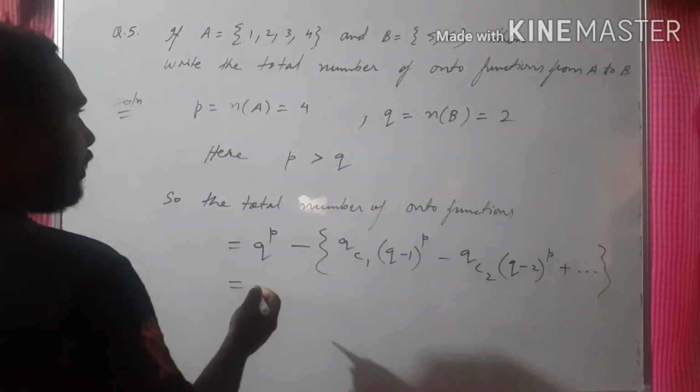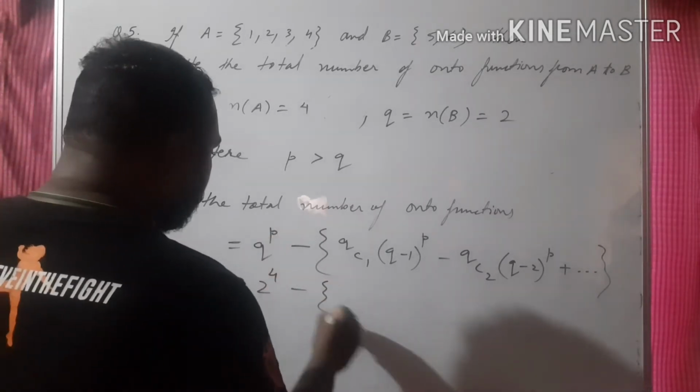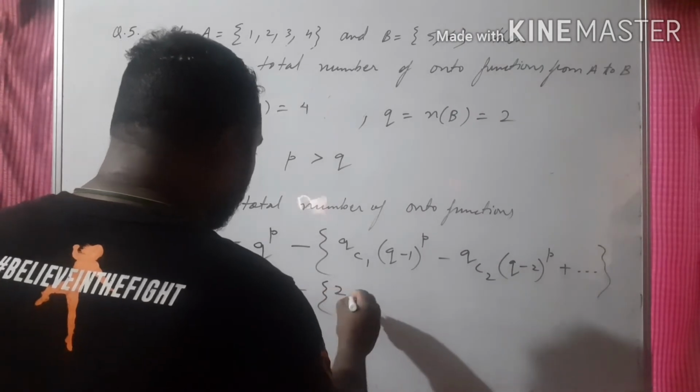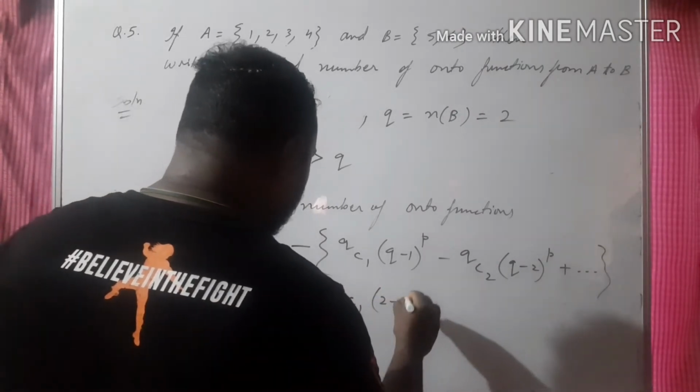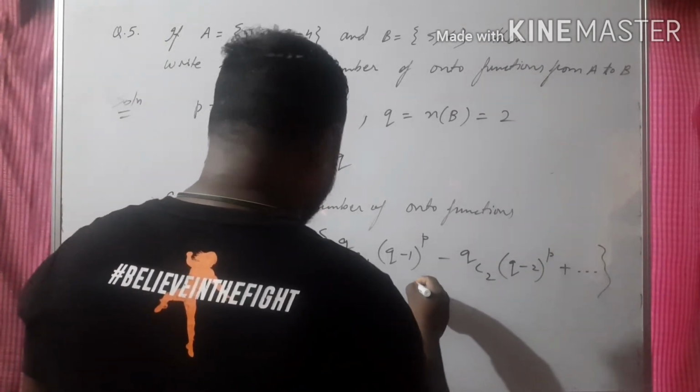So what is the value of Q? It is 2. Value of P is 4. Minus, here it will be 2C1 (2 minus 1) to the power 4.